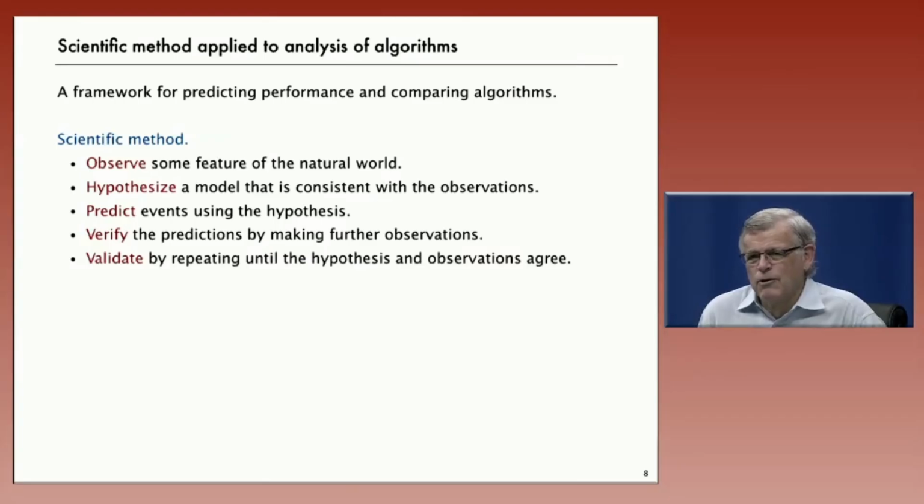We hope that hypothesis is good enough that it'll allow us to predict something, usually the running time for a larger problem size or on a different computer. And then we'll verify the predictions by making more observations and validate until we're comfortable that our model, hypothesis, and observations all agree. That's a way to get comfort that we understand the performance of our programs.